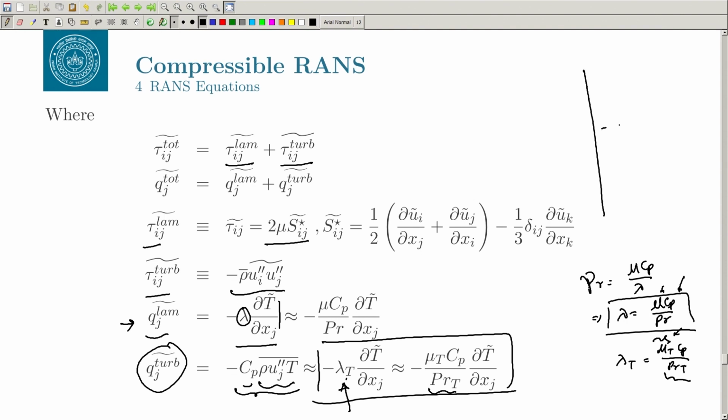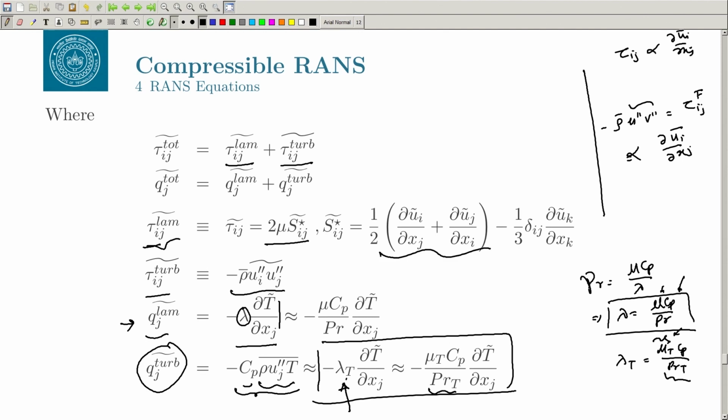Okay, just to give you an idea, what I am trying to say is that my fluctuations, minus rho bar u double prime v double prime tilde, which is what I call tau_ij F, or the Favre stress, or in fact in the Reynolds stress also, is somehow proportional to your mean velocity gradient. Okay. Just like your tau_ij laminar, this term is related to your velocity gradient, del u by del x.